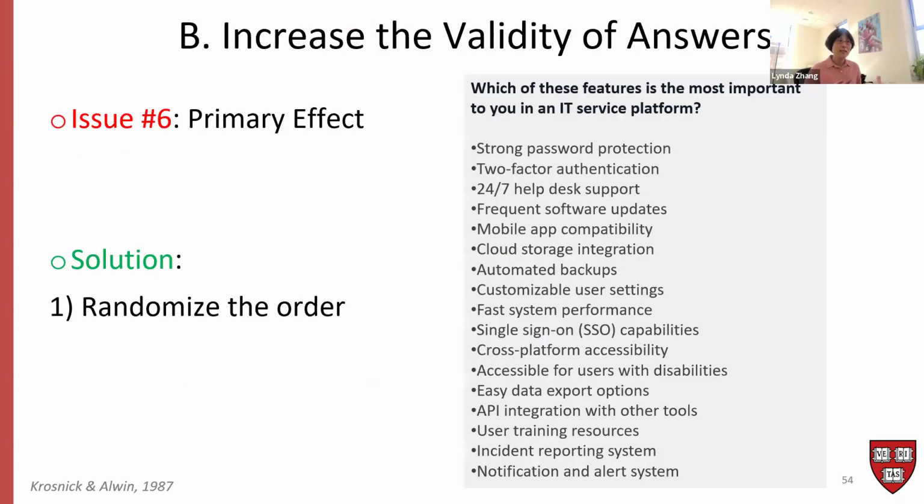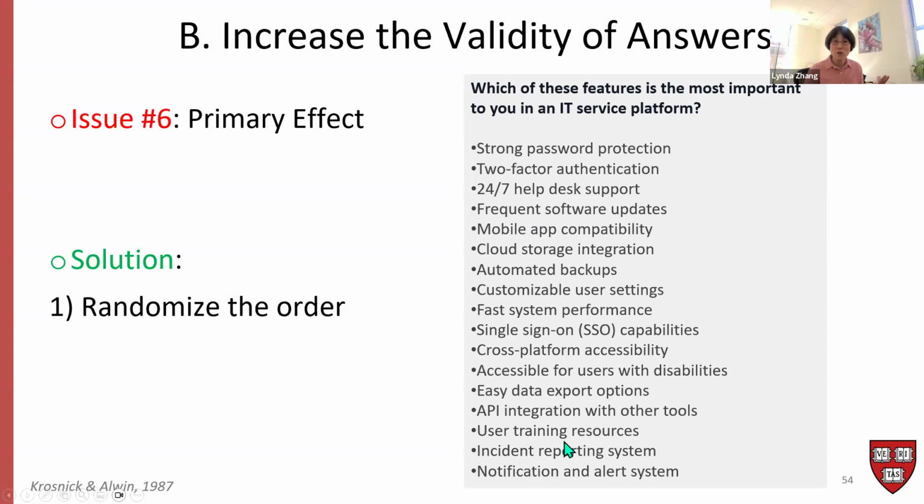And related to the same topic, which is cognitive load, there's an issue of primacy effect. It's called primacy effect, which means if you have a long list of response options, this will require a lot of cognitive process to choose one answer out of this entire list. Research actually shows that some respondents will skim through the first few and give a satisfactory answer, and not even look at the bottom ones.